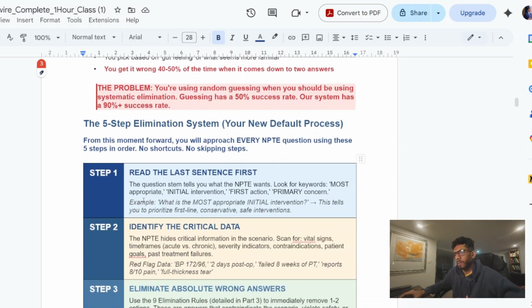For step 1, I want you to ingrain in your brain that when you see a question, these are the elimination steps that you need to go through to get to the right answer. So step one, you need to read the last sentence first. The question stem tells you what the NPTE wants. Look for the keywords, right?